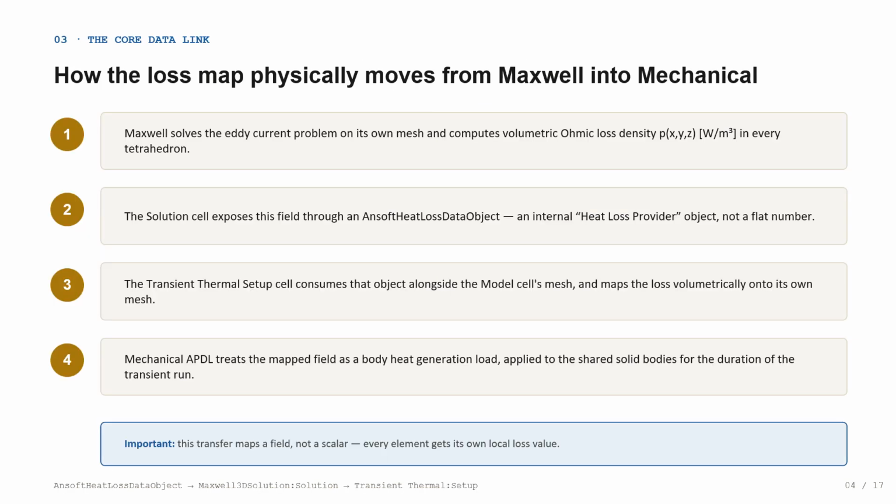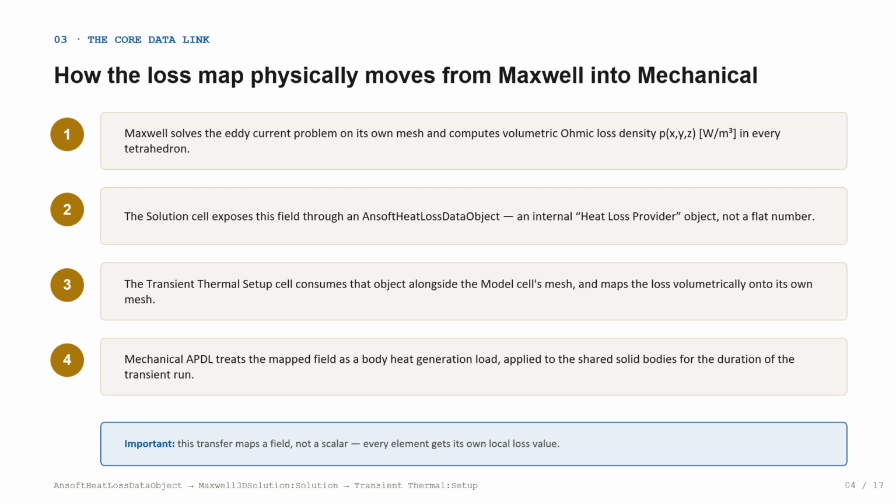Let's now open up that coupling and look at exactly how a number computed inside Maxwell ends up as a heat load inside a thermal solver, because this is where most students' intuition quietly breaks down. Step 1. Maxwell solves the eddy-current problem on its own mesh, and for every single tetrahedron in that mesh, it computes a volumetric ohmic loss density, watts per cubic meter, at every point in the coil and the rod.